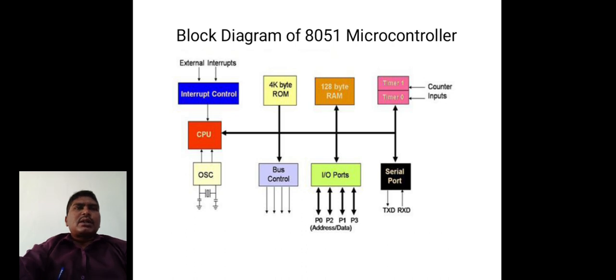All the ports have multiple functionality. Port 0 has AD0 to AD7, where AD means address and data, so it holds both address and data. Port 2 has only address lines, A8 to A15.